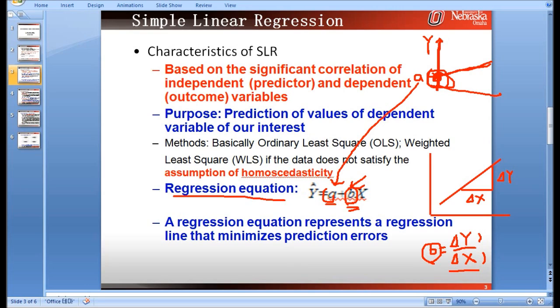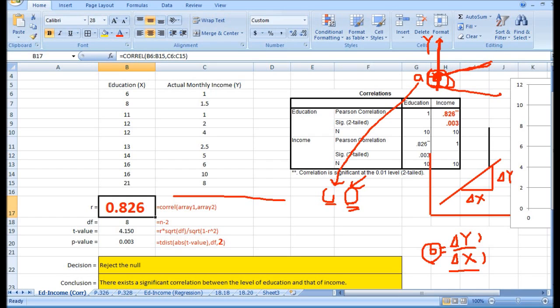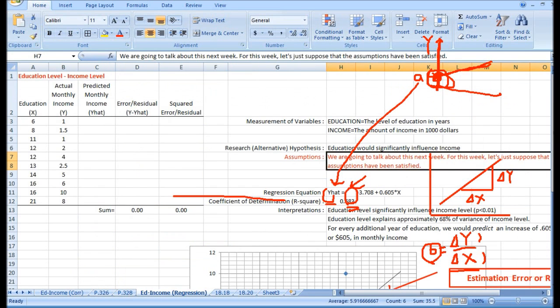Now let's talk about how to get a regression equation through an example using SPSS. I'm going to use the first example of correlation analysis, I mean this data again here.